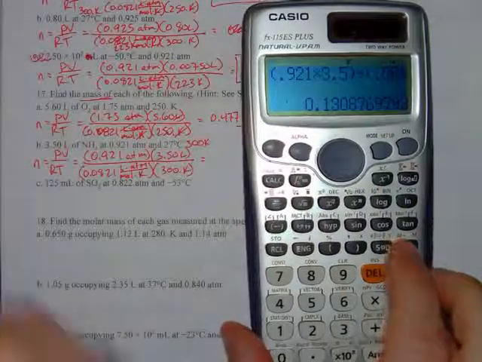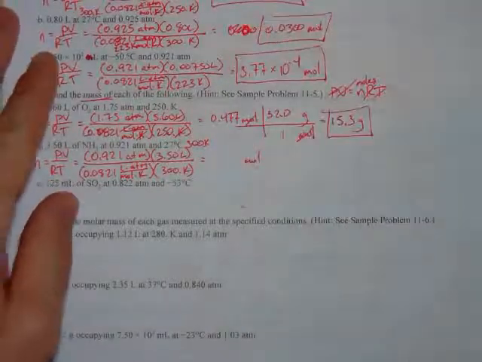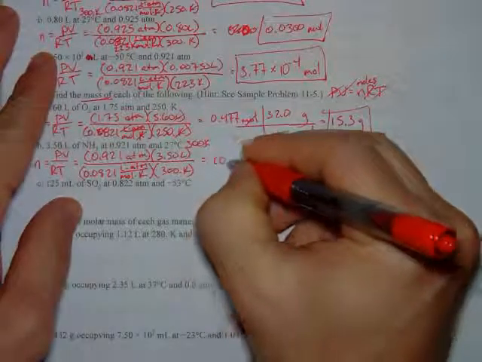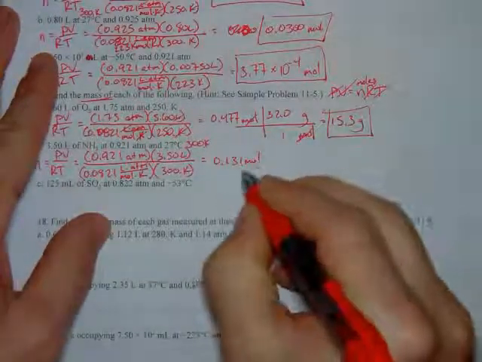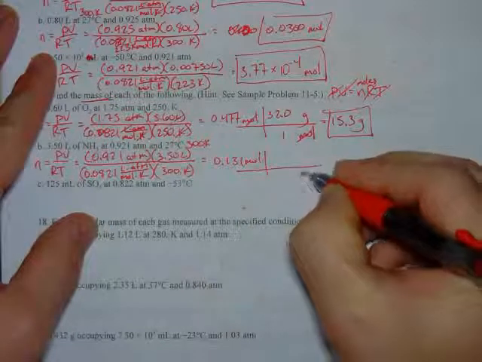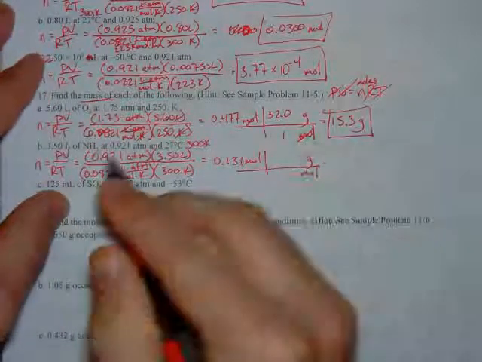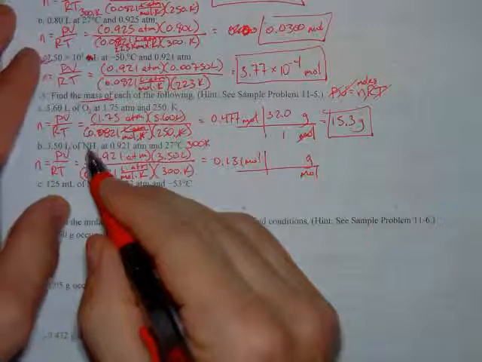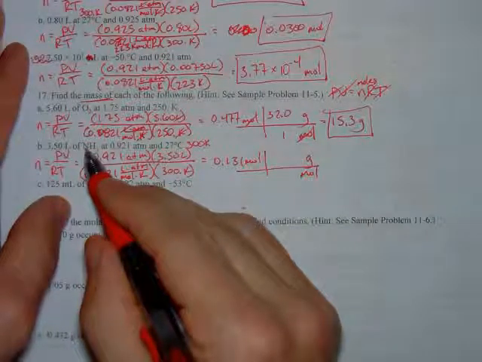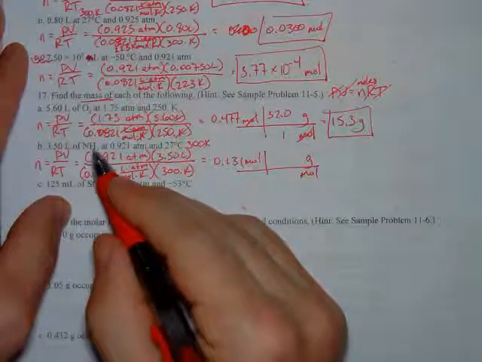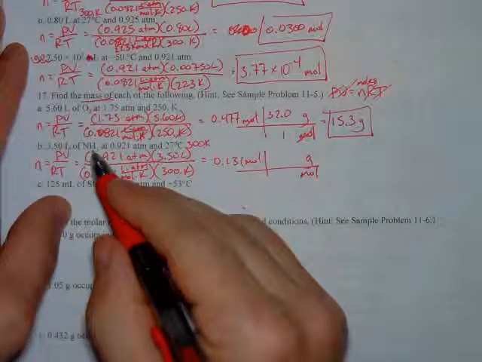I'm going to stick with 3 sig figs, so 0.131. And I'm going to convert that into grams using the molar mass of ammonia. If you look at your periodic table, you'll see the mass of nitrogen is 14.01. There are 3 hydrogens, each at 1.01.